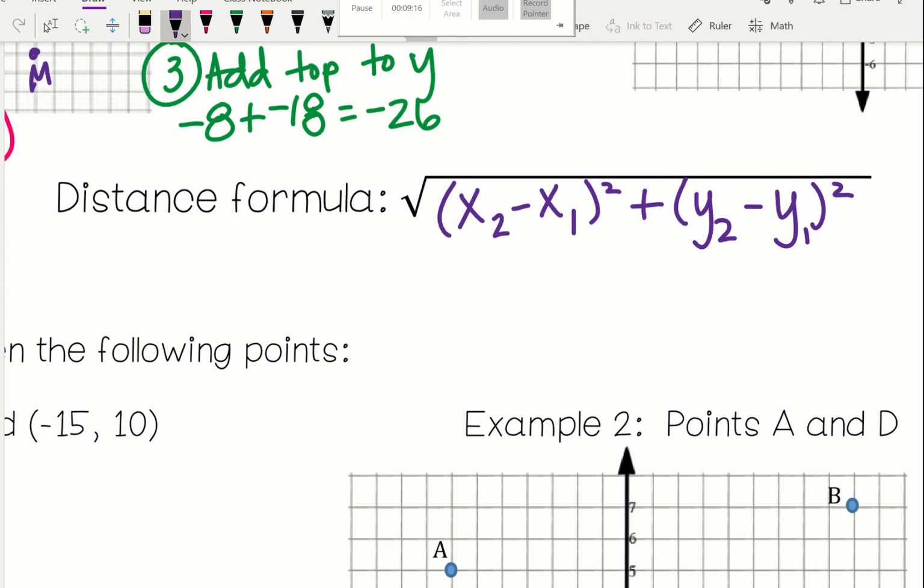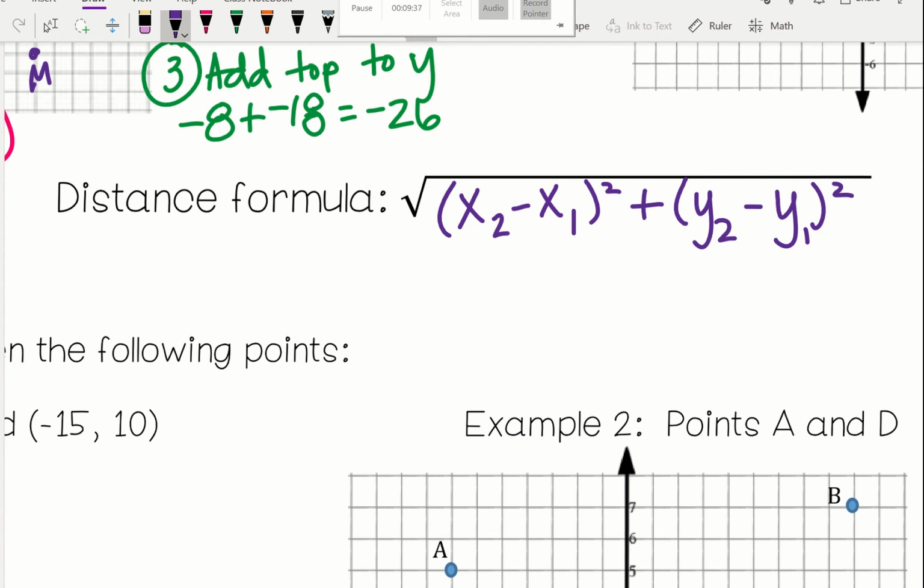Or even if you switched them around and said x1 minus x2, as long as this one is y1 minus y2, okay? The important part is that either both of the 2's are first or both of the 1's are first. Does that make sense?